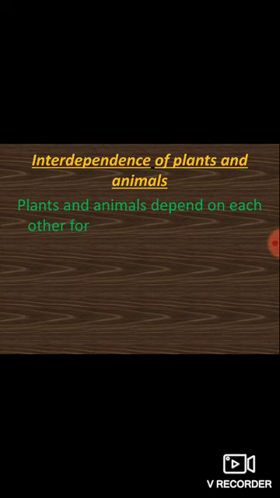Now, interdependence of plants and animals. Plants and animals depend on each other for many things: for food, for pollination.